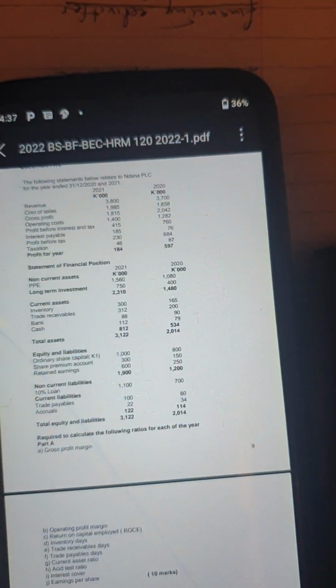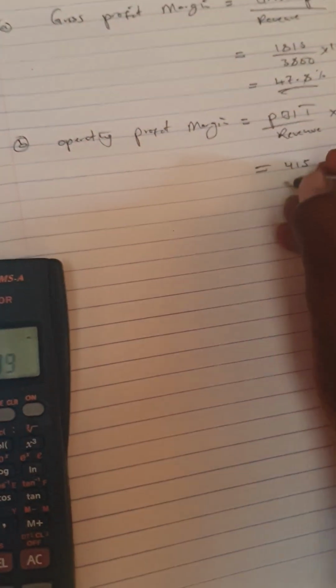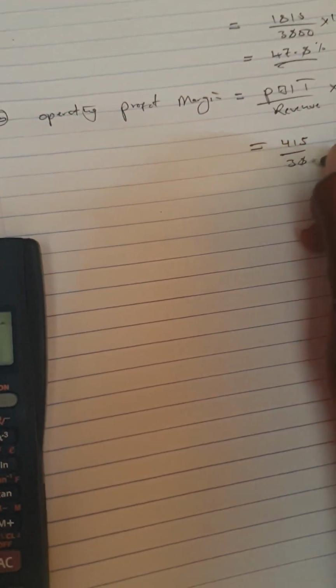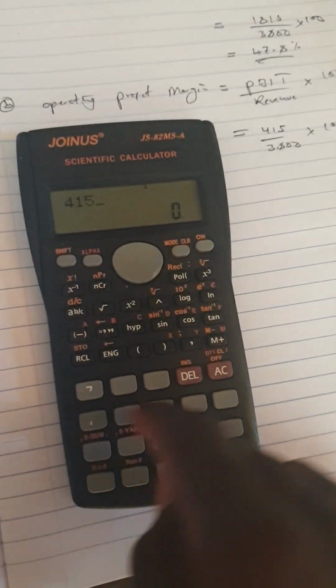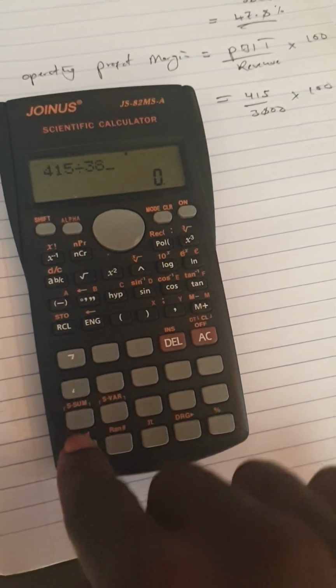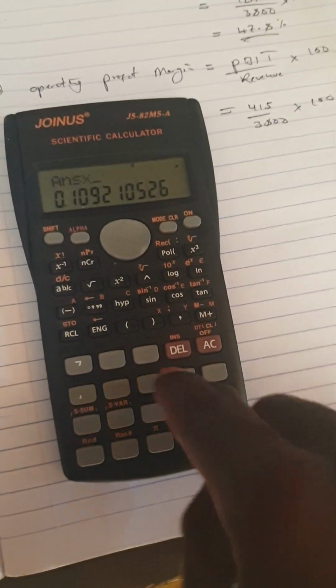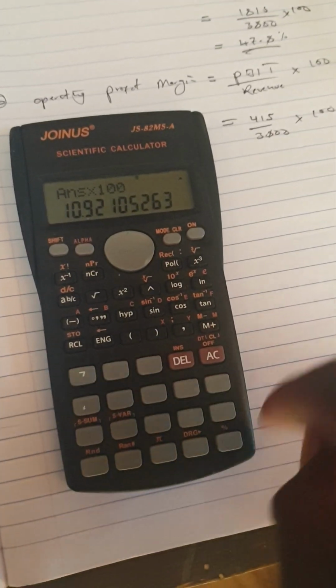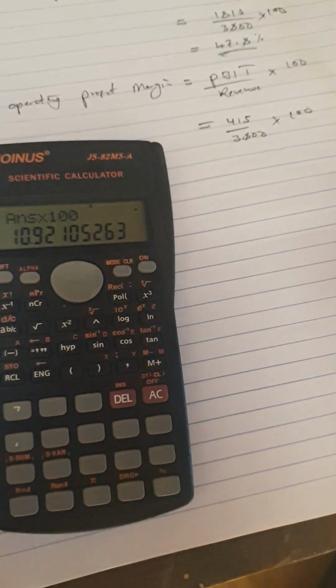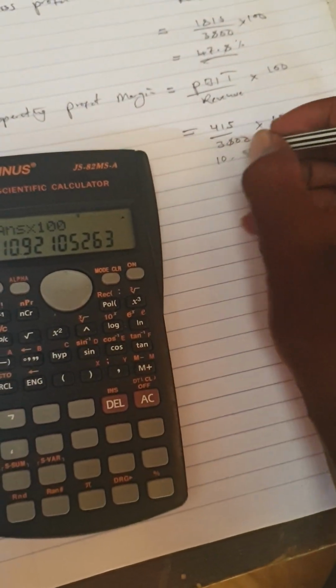I can still be using abbreviations. So going back to the question, profit before interest and tax is 415, and our revenue still remains 3,800, since we are doing 2021, times 100%. So we have 415 divided by 3,800. The figure that we have, we multiply by 100%, which gives us 10.9. So this is 10.9%. We are done.